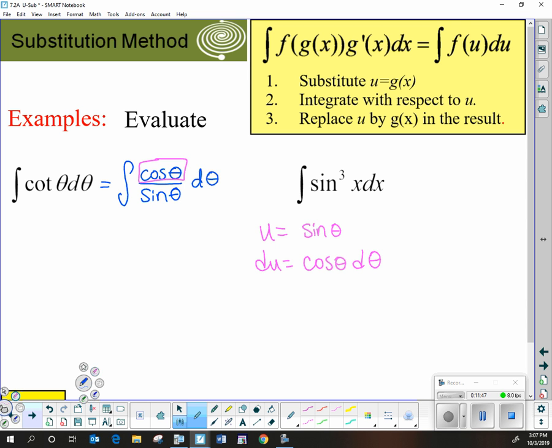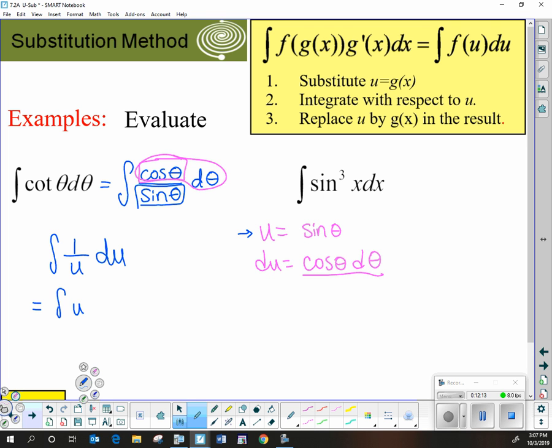So let's go ahead and do u substitution. The integral of 1 over u, because remember sine theta was our u, and then cosine theta d theta is du. Sweet. This is a natural log one.